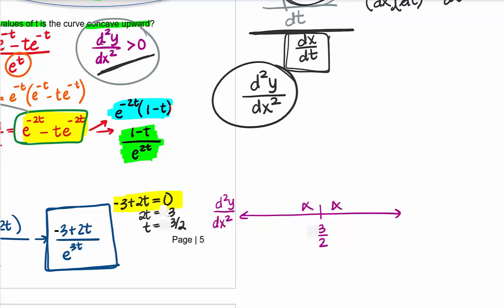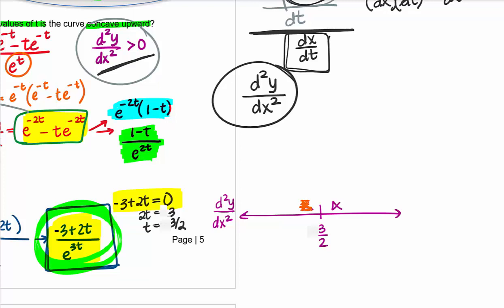Remember, this is really what we're looking at here, because the denominator, e to the 3t, will always be positive. So if I'm looking back here at my whole second derivative, I'm not really concerned with the denominator portion of that. So if I plug in a number less than 3/2, so on this left-hand side over here, something like -2 or -3, if I put that in, I do get a negative value.